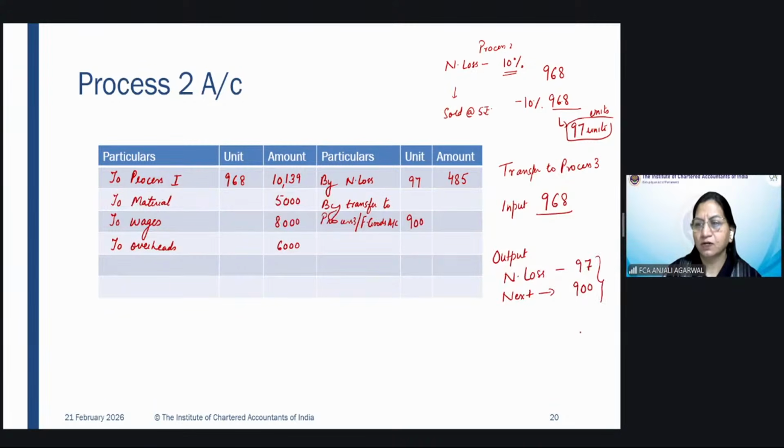The output total goes to 997 and the output is more than input, which means there is again an abnormal gain. The balancing figure of units. How much? 29 units are abnormal gain.